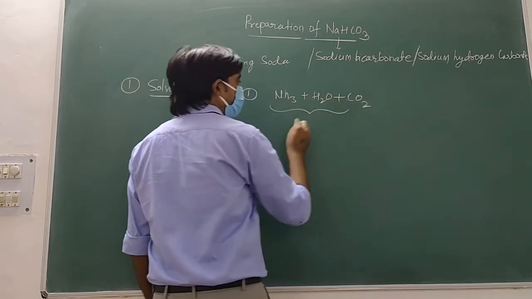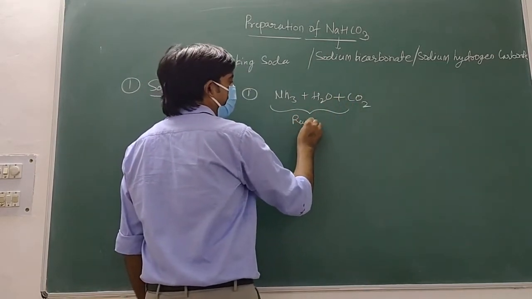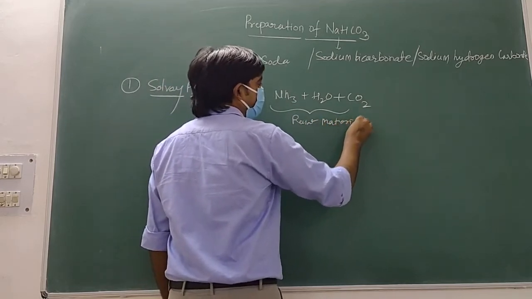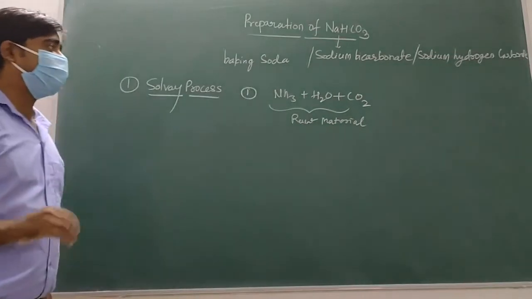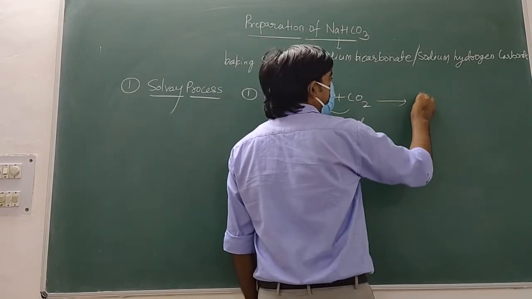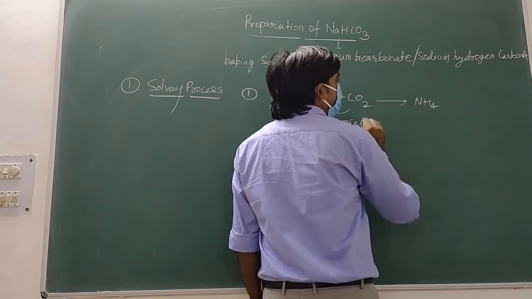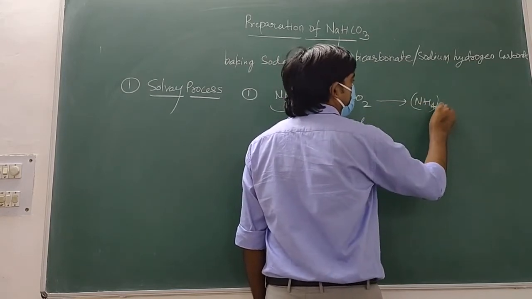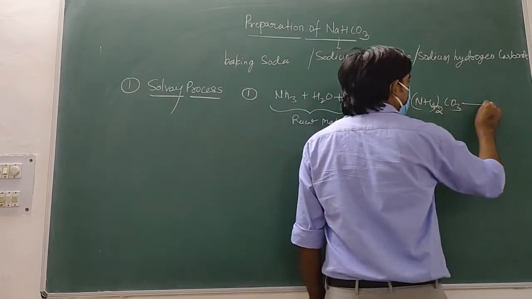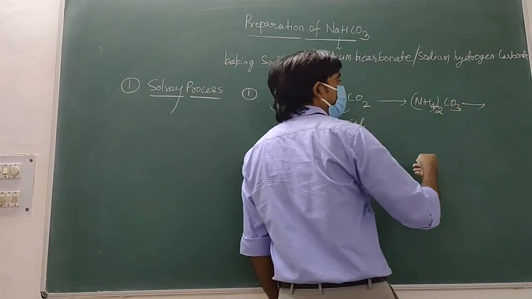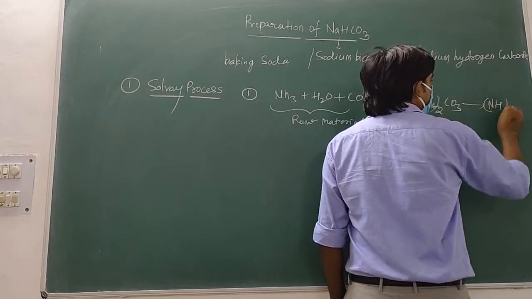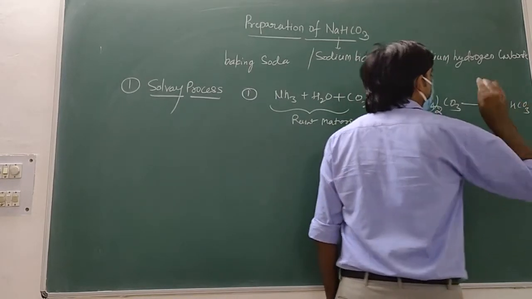These raw materials interact first and form ammonium carbonate, (NH4)2CO3, which again converts into ammonium bicarbonate, NH4HCO3.